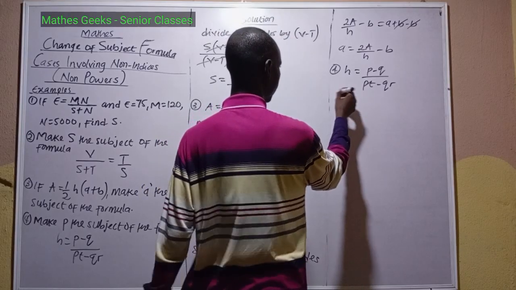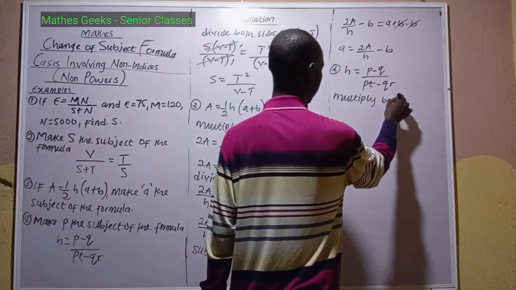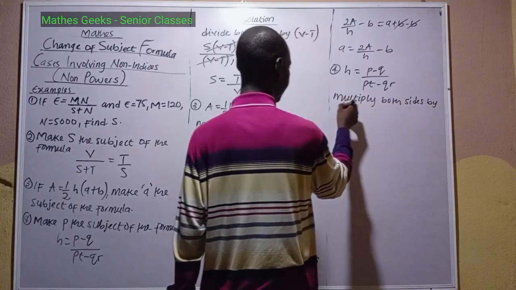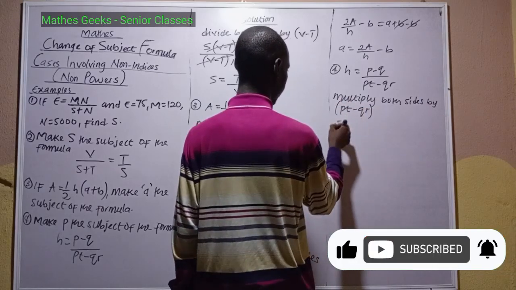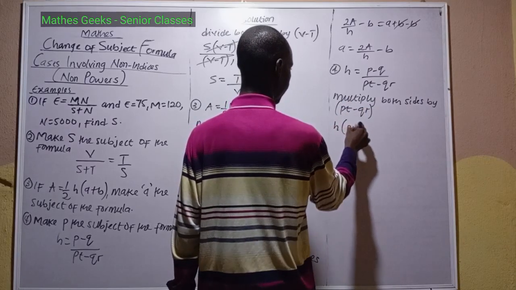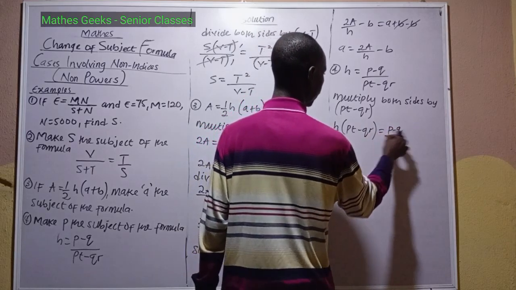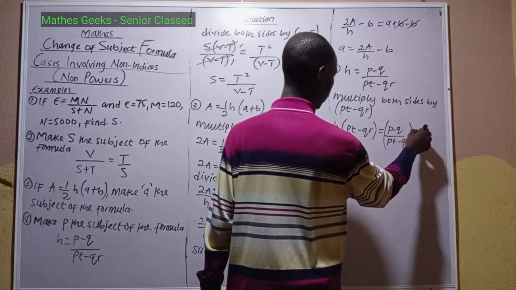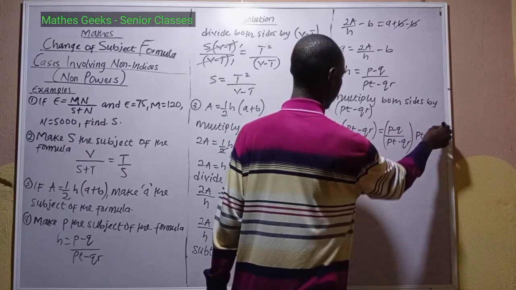So say cross multiply both sides by PT minus QR. So H times PT minus QR equals P minus Q over PT minus QR times PT minus QR.